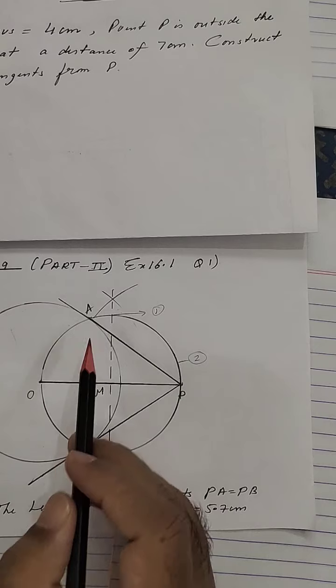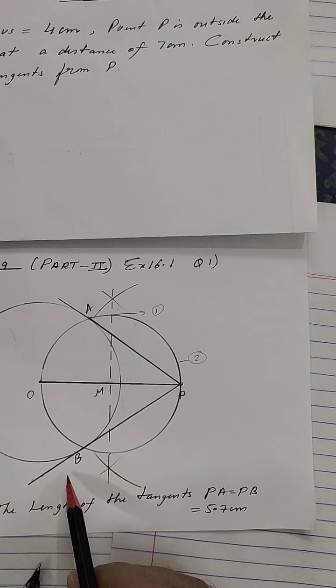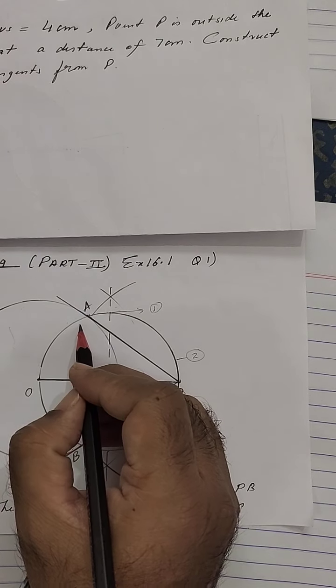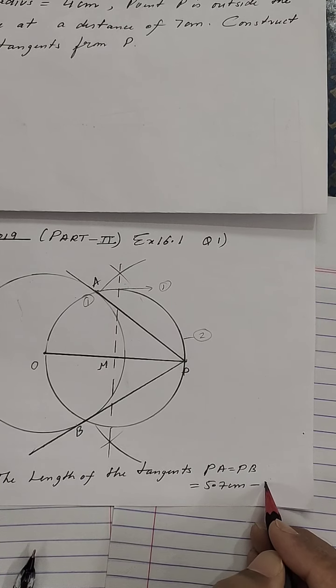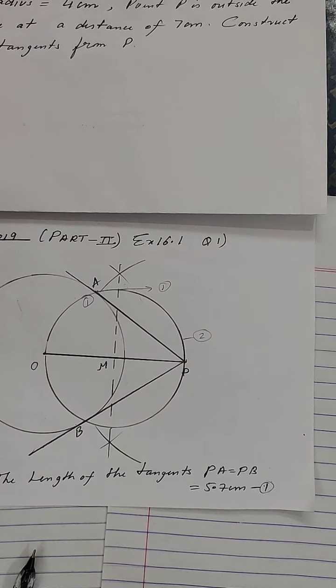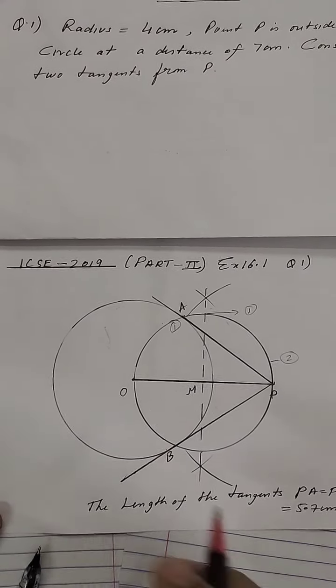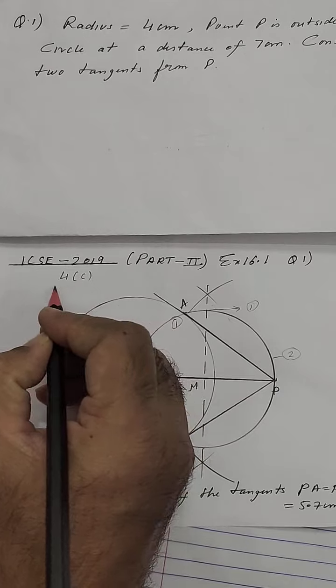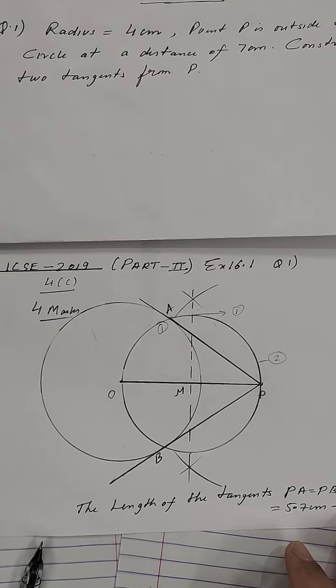If it is a 4 mark question, you will get 1 mark for finding A and B and joining PA and PB, and finally 1 mark for finding the length of the tangent. This is generally a 3 or 4 mark question, and in 2019 I see, children, this is question 4C in the compulsory section of ICSE, and it carries 4 marks. So kindly do practice, children.